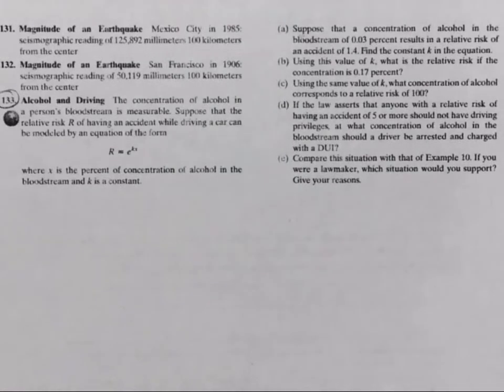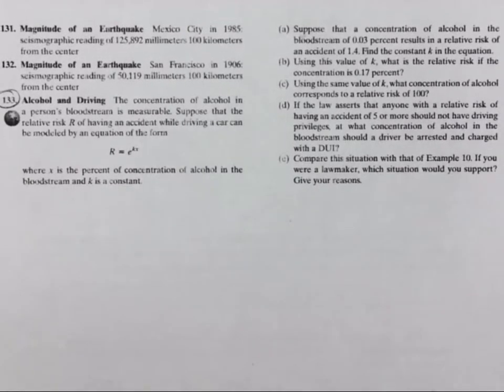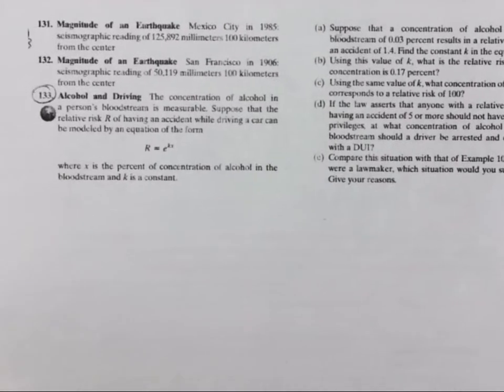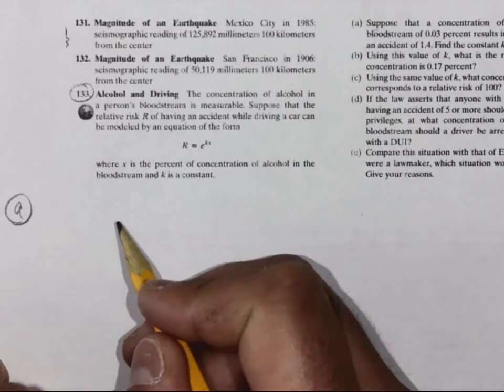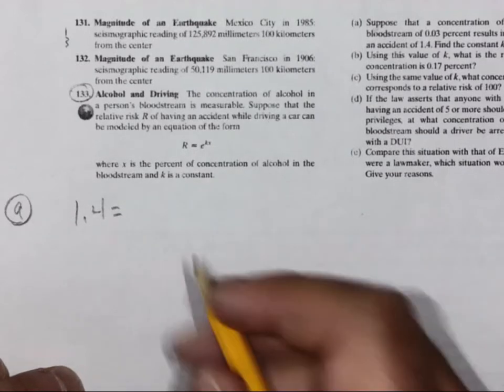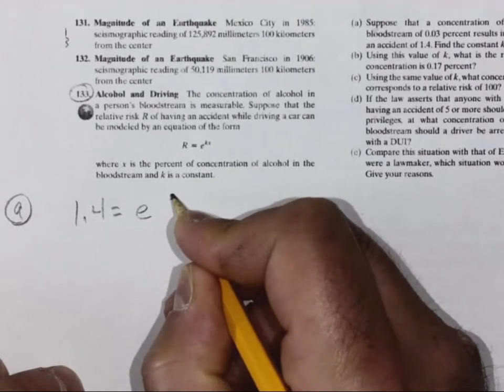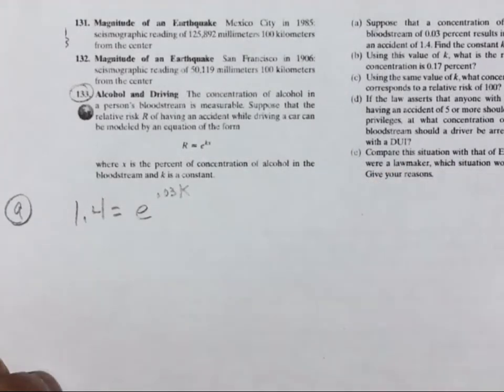Find the constant k. Alright, so we are going to put 1.4 in for R. We're going to put 0.03 in for x. And then we're solving for k.